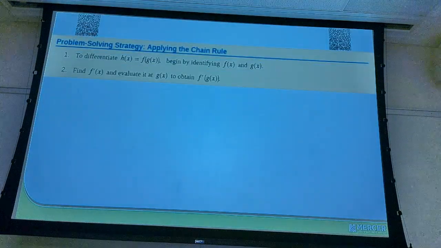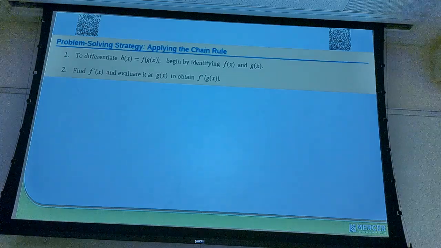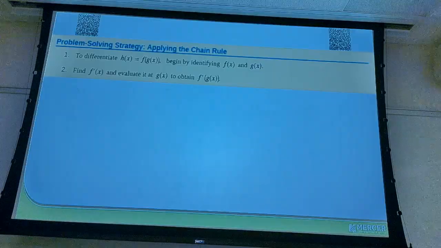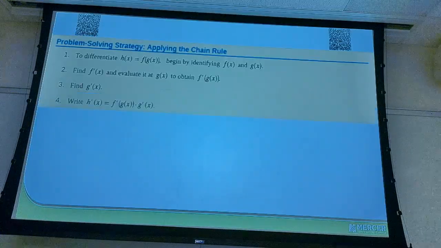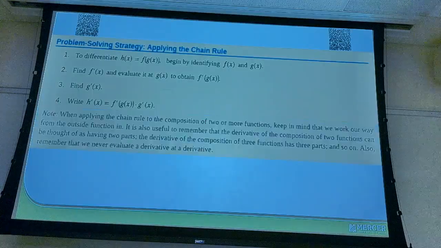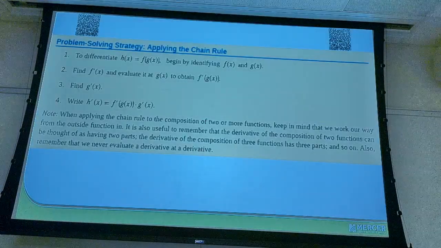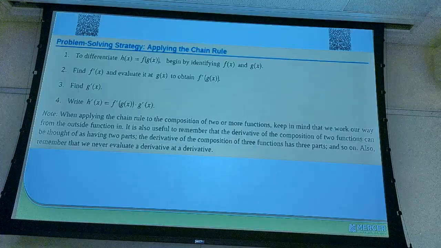Then once you have f of x, evaluate f prime of x. Now evaluate f prime at g of x. Then you find g prime and multiply. That's saying what I just mentioned: you can have a nested composition.